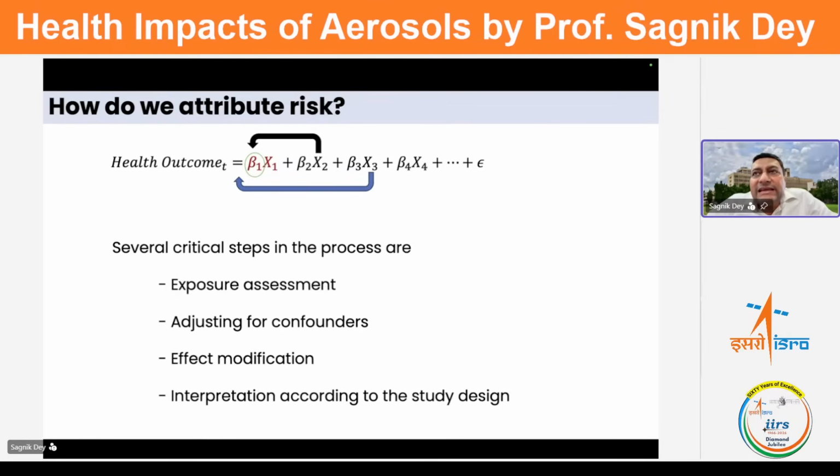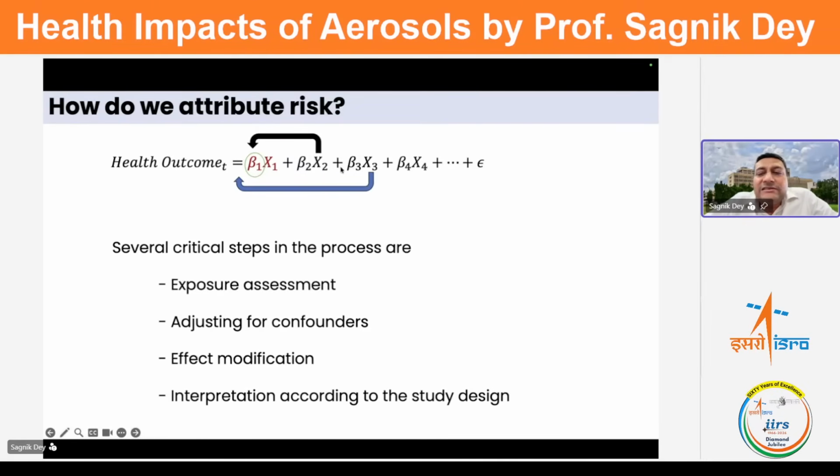So what you are essentially saying in mathematical format is that any health outcome is a function of many risk factors, which are x1, x2, x3, x4, like that. And statistically, if you have data at a population scale, at an individual level, you can quantify the relative proportions. That means how much is the effect of x1, which is a risk factor, and how much is the effect of x2, which is another risk factor.